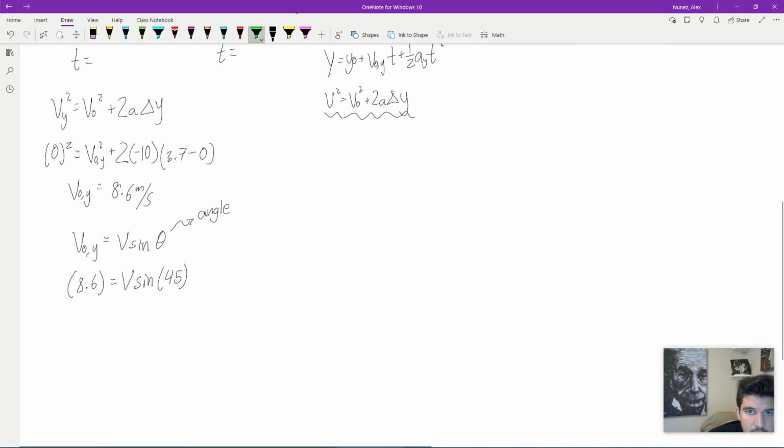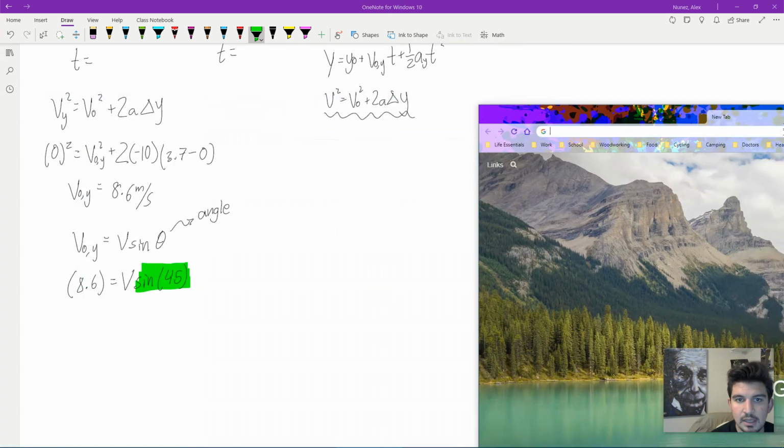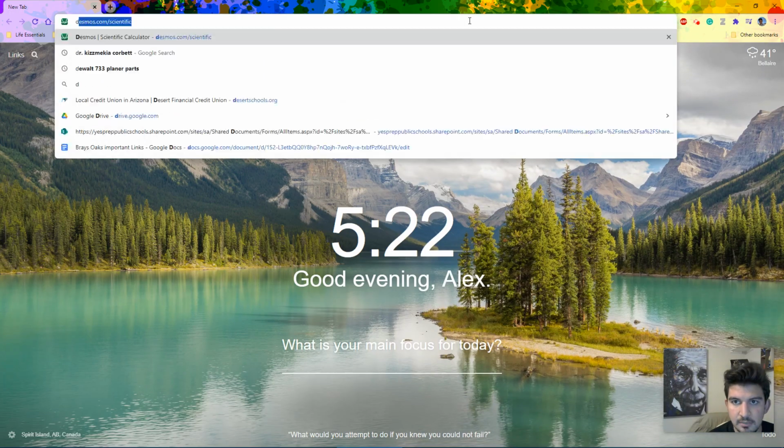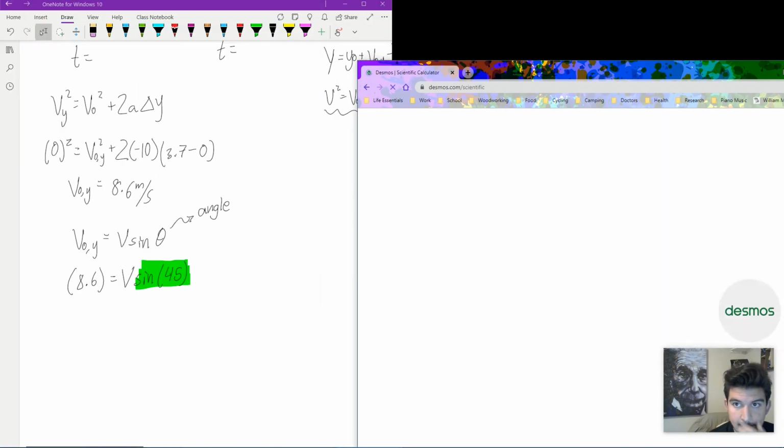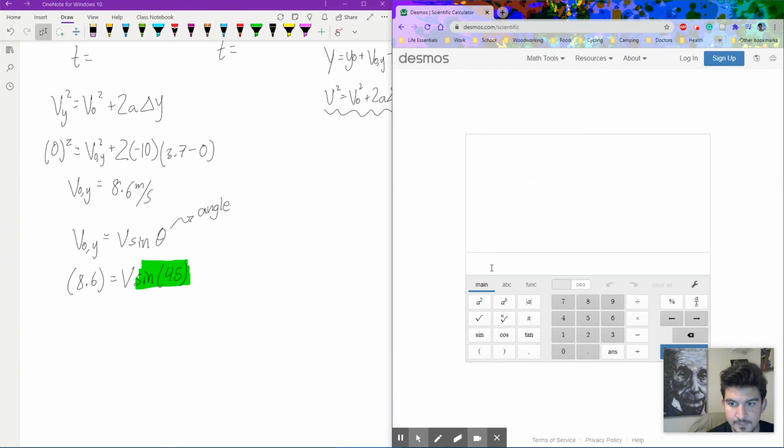Now, something that you're going to want to catch on to really quickly is that sine 45 is just a number that you can find using your calculator. So if we take a look at Desmos, we can prove this pretty easily. That sine 45 just gives us a number, which is 0.707, and so on.